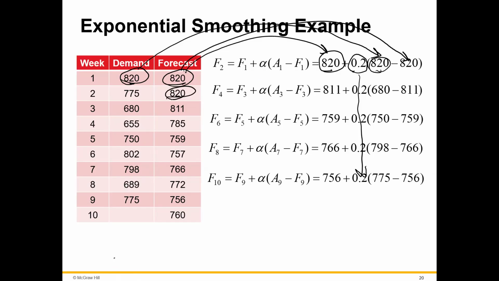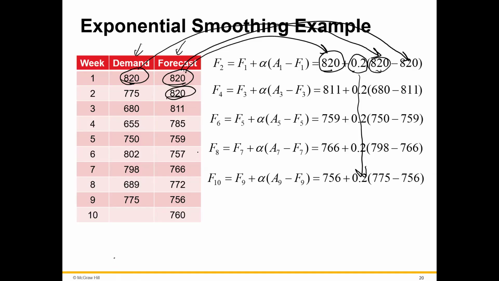When you do exponential smoothing in your problem, you're always going to be given the demand and the forecast from the first time period, or they're going to tell you what to assume to create that forecasted value. Okay, so let's go on to time period 4.